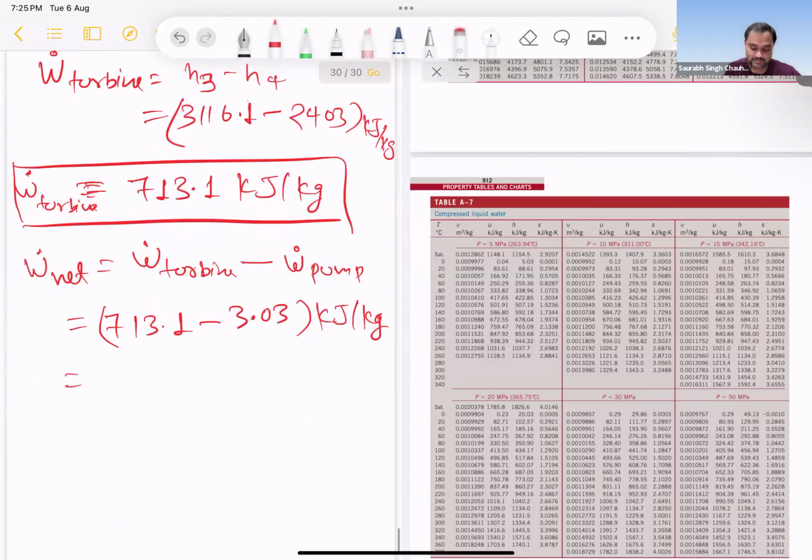So the net work output will be 710.1 kilojoule per kg. This is our net work output.